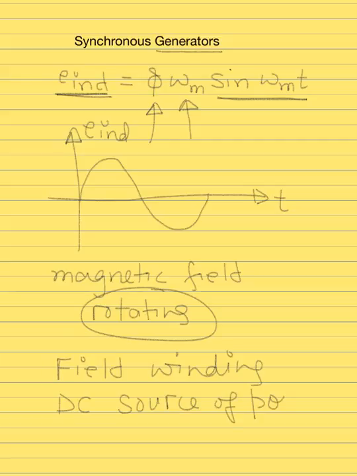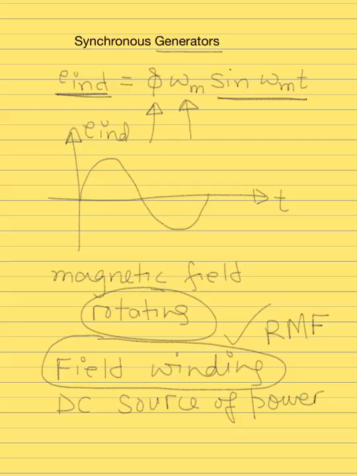Once there is current flowing through the field winding, there will be a magnetic field, but that will not be rotating. Then you use a prime mover to rotate the part on which this winding is bound, and that will produce a rotating magnetic field.